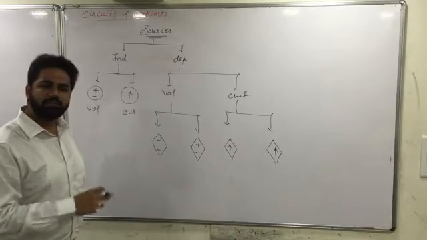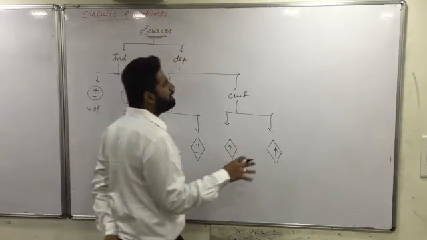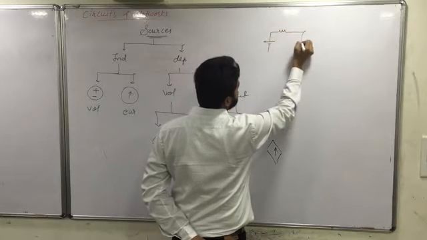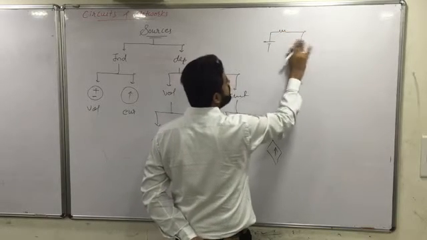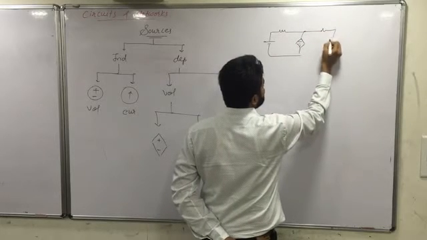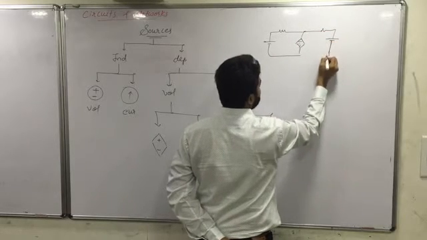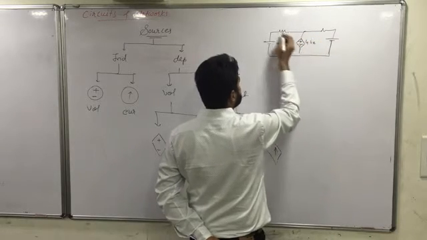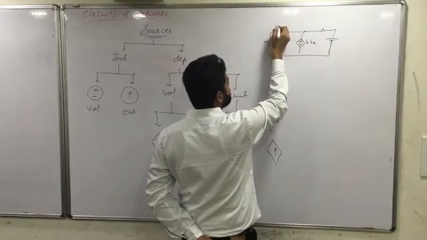How exactly do these sources work? Let's have a very basic example. We have a network like this, with a source of plus minus 4ix, and say this is ix.